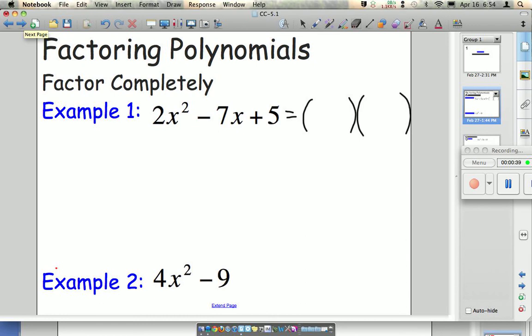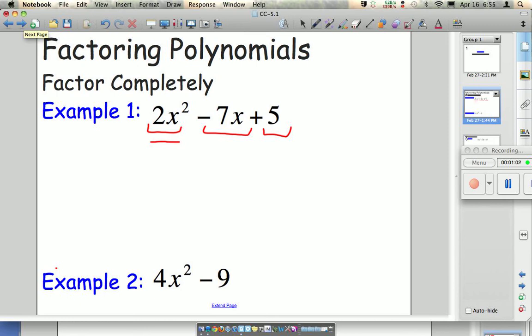In taking a look at this, the first thing I always want to look for is a common factor. So I look at all three of these and I look for something they all have. But for 2, 7, and 5, there's nothing they all have. The only way to multiply to 2, 7, or 5 is that single number times 1.